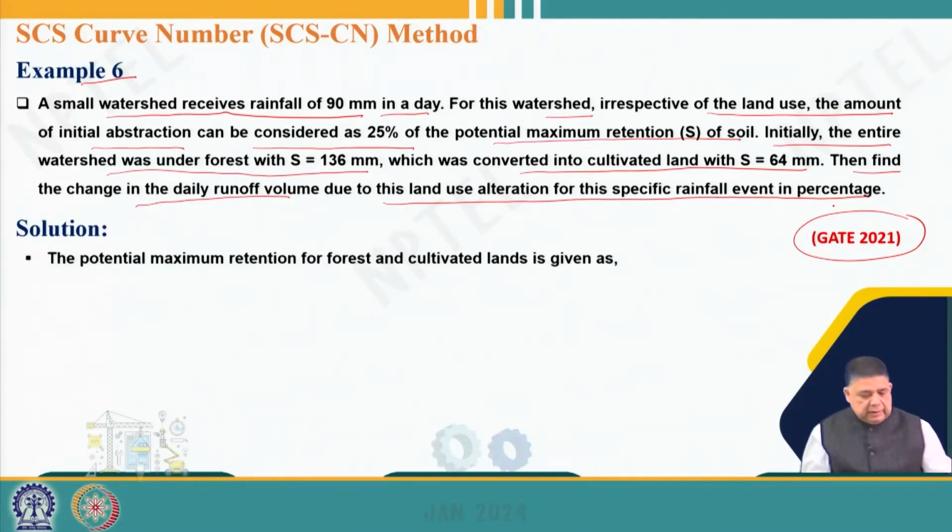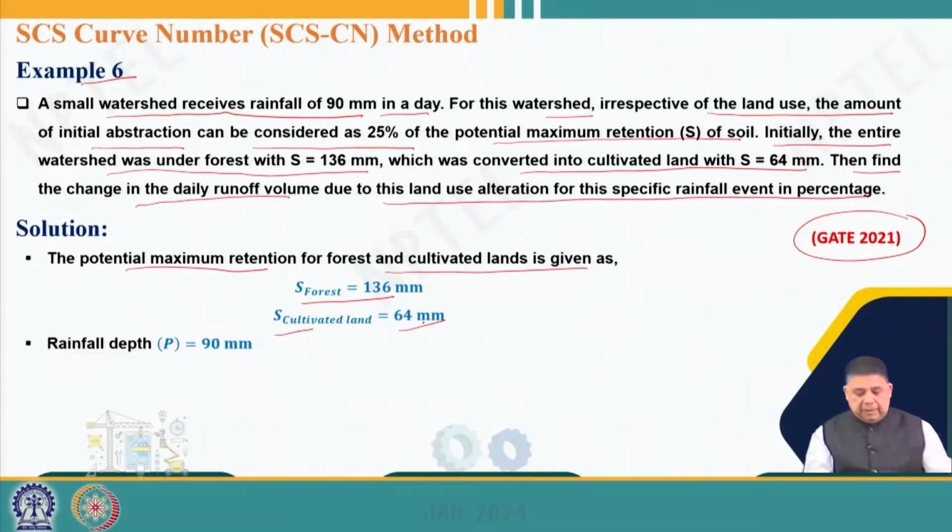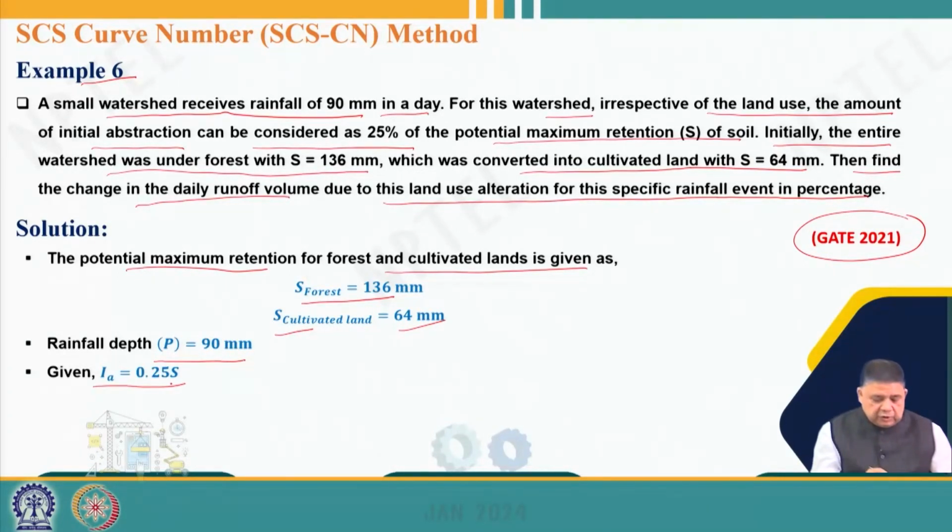As you can see, the potential maximum retention for the forest and cultivated lands is given. So, just for distinction, we are writing S forest as 136 mm and S cultivated land as 64 mm. Rainfall depth is given as P equals 90 millimeters, and IA is given as 0.25S.